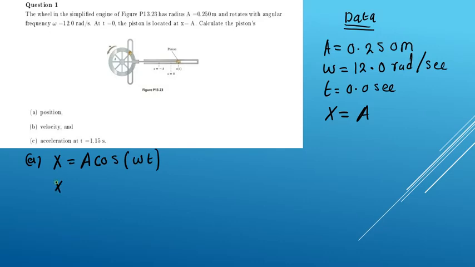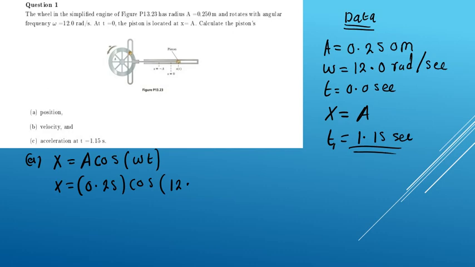So displacement is equal to the amplitude, which is 0.25, cosine, omega has been given to be 12, and the time given is simply 1.15 seconds. Take note of this, don't get confused.